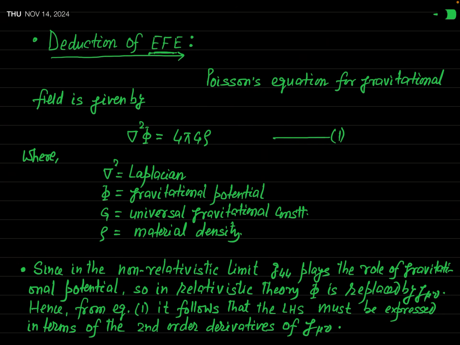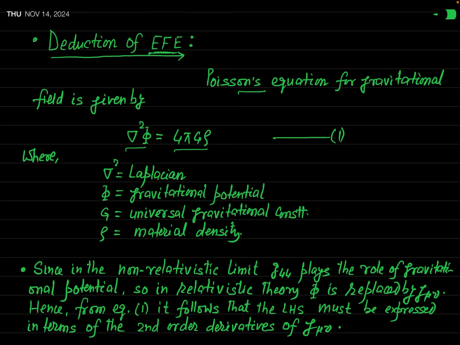When we apply Newton's theory of gravitation, the field equation in the presence of matter is written by Poisson's equation. According to Newton's theory, the field equation in presence of matter, which is called Poisson's equation, is given by this expression: Laplacian phi equals 4 pi G rho. Here this del square operator is called the Laplacian operator, which is a second order partial differential operator.